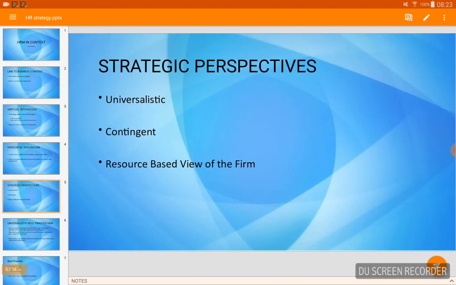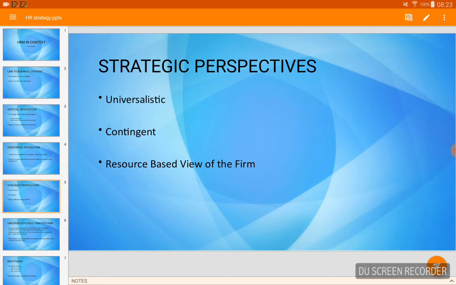So, as I said, the different strategies we're going to look at are universalistic. I'm using these different terminologies because sometimes I have seen them come up with these kinds of headings in the exam, so you have to understand what each of them is. Universalistic is our best practice model, so that means that you can take, for want of a better word, a recipe of what's going to work in an organisation.